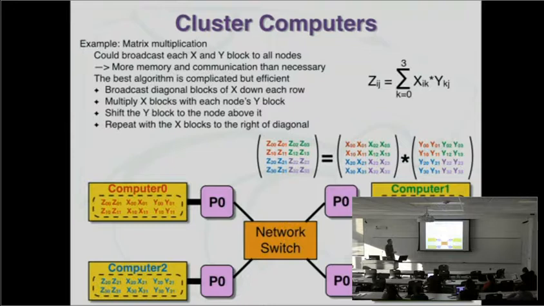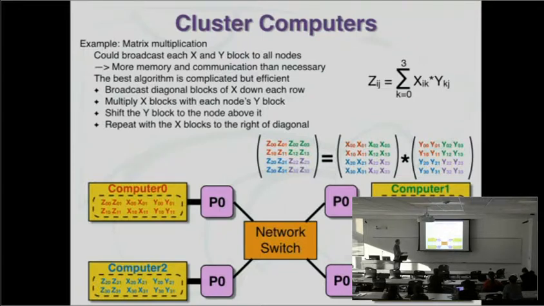So the first step in doing these communications, we start with the data as it is shown here. The first step in this algorithm is to broadcast the diagonal blocks of X down each row. So what are the diagonal blocks? This subblock in red is on a diagonal. This is on a diagonal. These are off-diagonal subblocks.